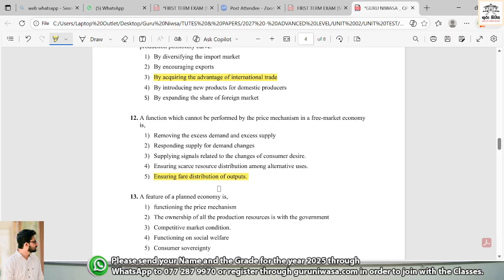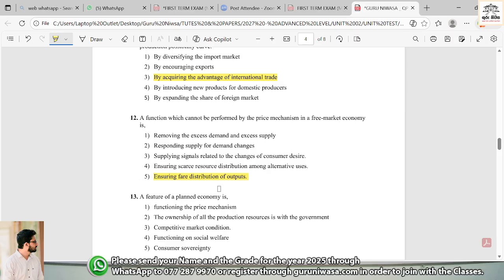This distribution is unfair, right? Of output, goods and services, more are given to those who have money, those who have purchasing power. Fewer goods and services are distributed to those who have less money, low income.